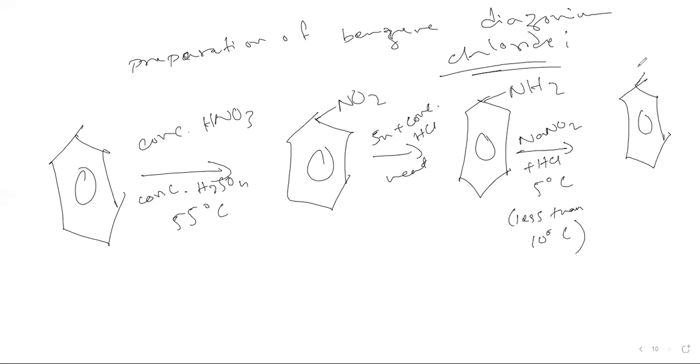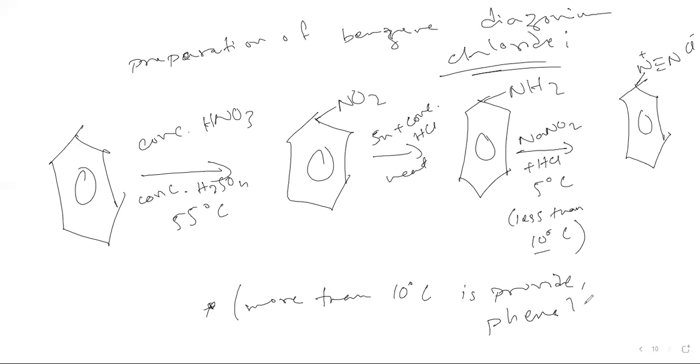This compound is simply going to form, okay? So this is the positive ion, and that is our negative ion. So this is our benzene diazonium chloride. Now, just as a point to be noted here, if more than 10 degrees Celsius is provided, then a little bit of phenol will also be produced.